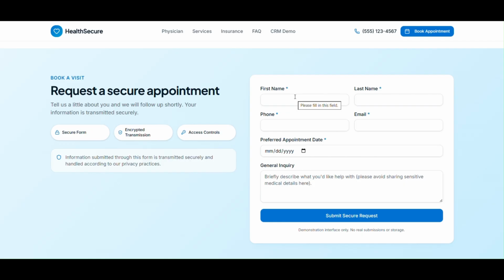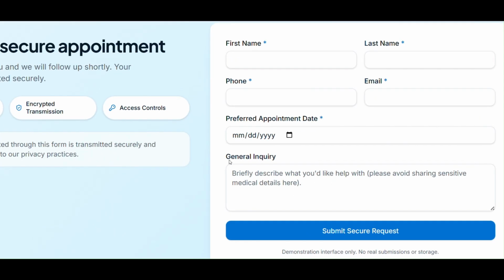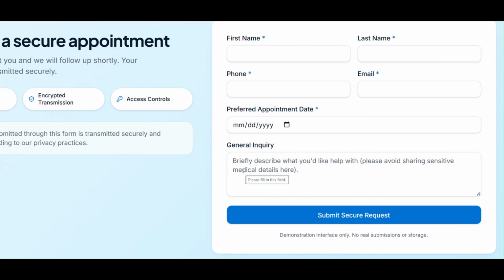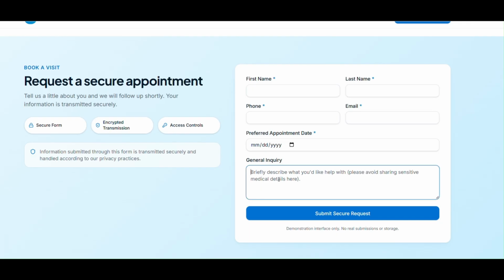Now I would like you to go through this form and let me know what the issue with this form is. If you chose the general inquiry, that is correct. Patients here can add sensitive information about their health conditions, such as them having thyroids or anything else based on the services you provide.